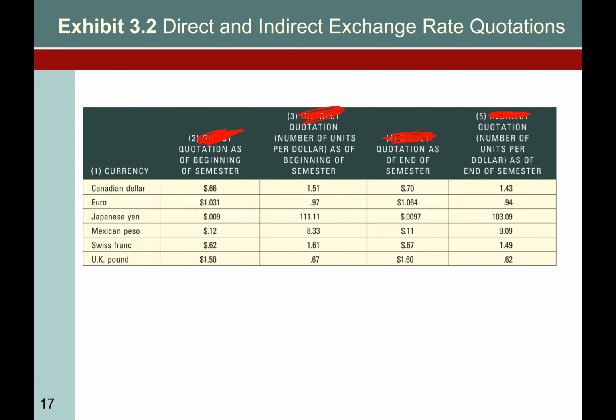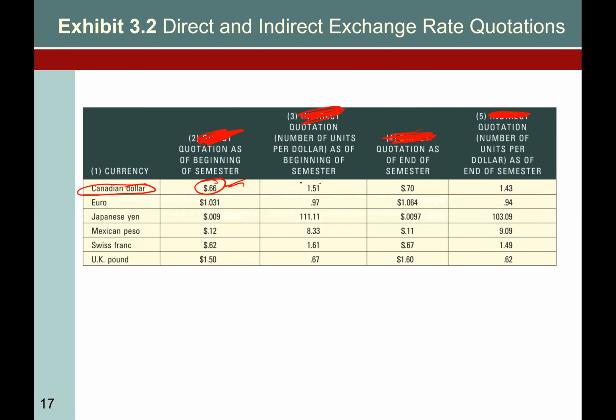So what is direct quotation? Direct quotation is how much of your currency is worth one unit of their currency. The simple one is the Canadian dollar, available to you at 0.66. So that is the direct quotation.